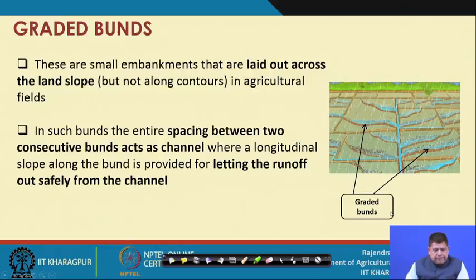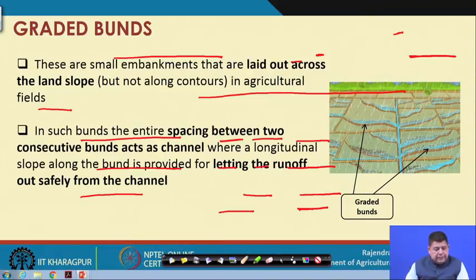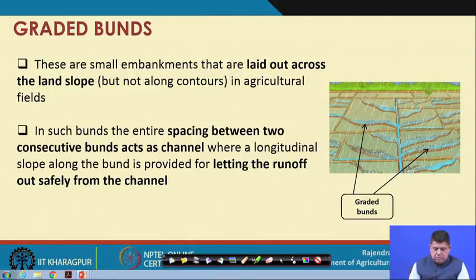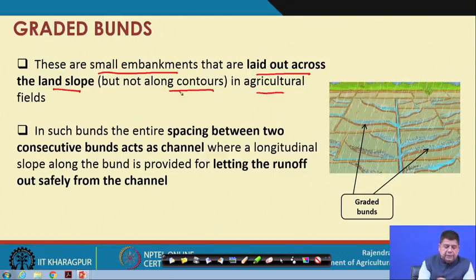Just a recap, we already saw earlier that graded bunds are small embankments that are laid across the land slope, but not along contours in agricultural fields.